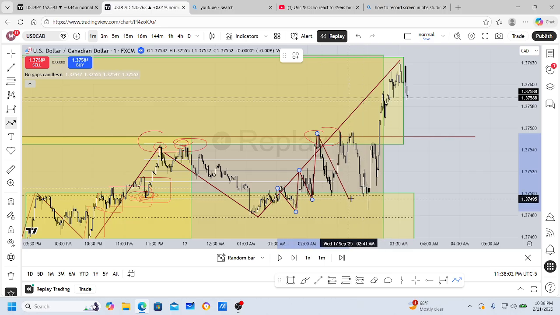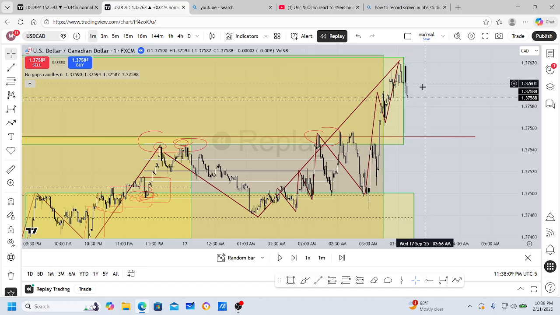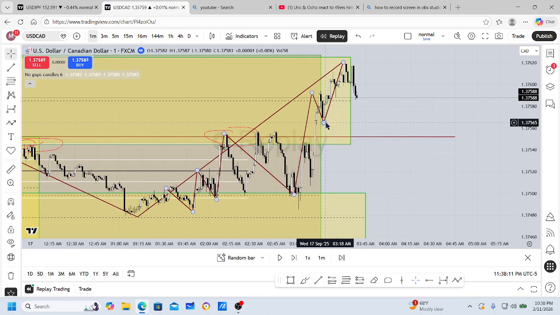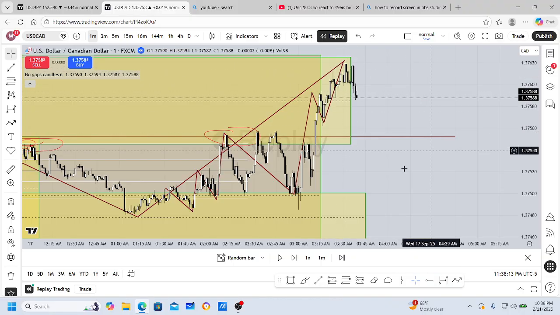This is 2 swings. This might be 3. This might be 4. Or you could just say 1, 2, 3, 4 swings on this leg coming up from this swing right here.